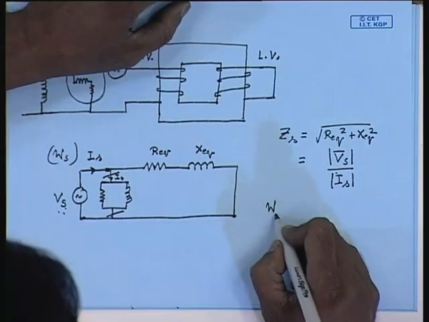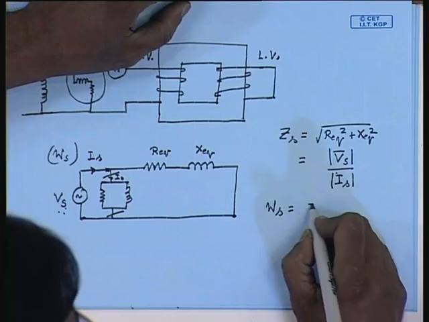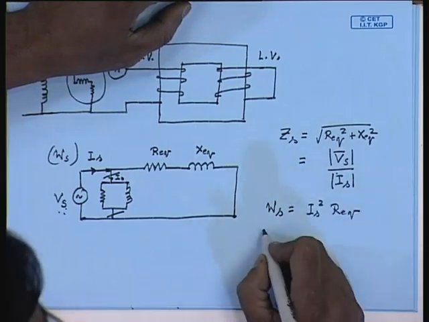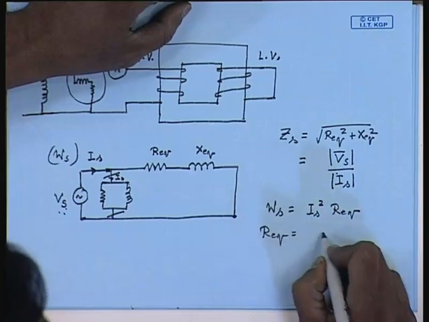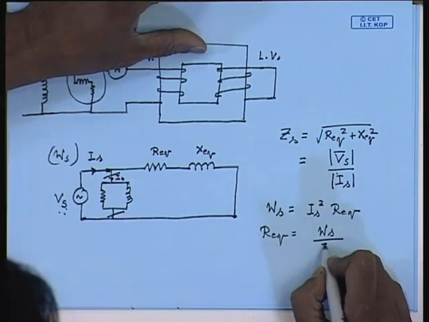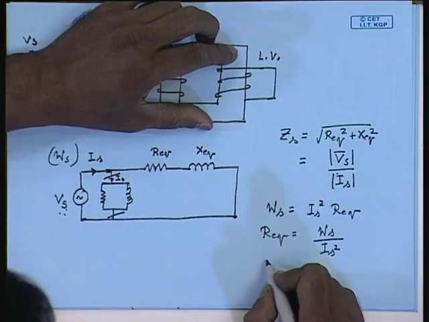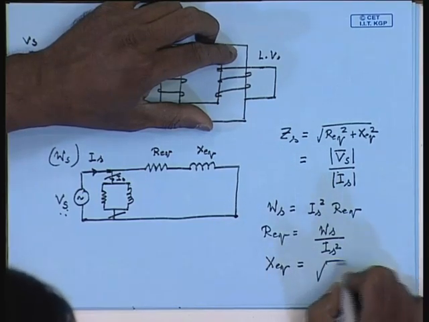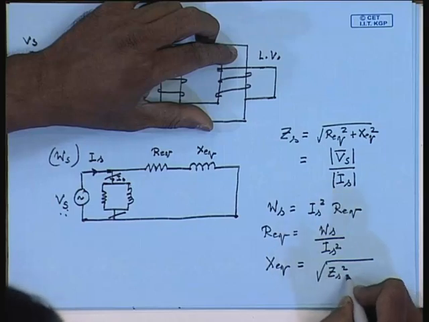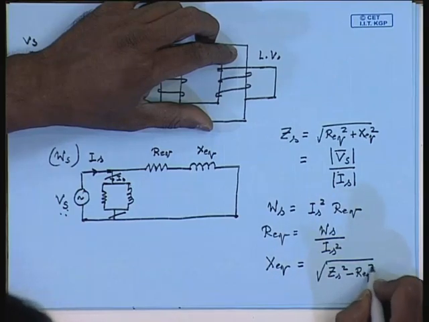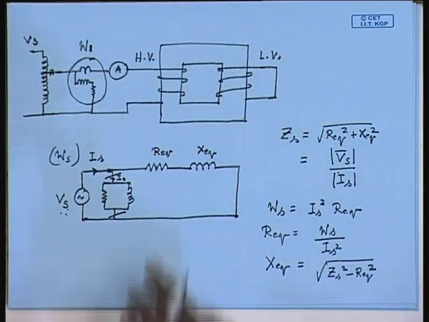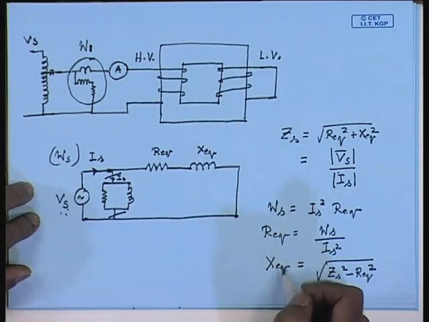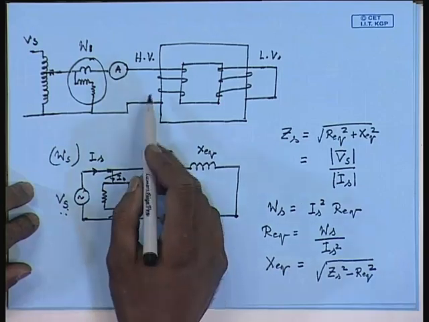Therefore, Ws equals Is square Req, hence Req equals Ws divided by Is square, hence Xeq equals square root of Zs square minus Req square.